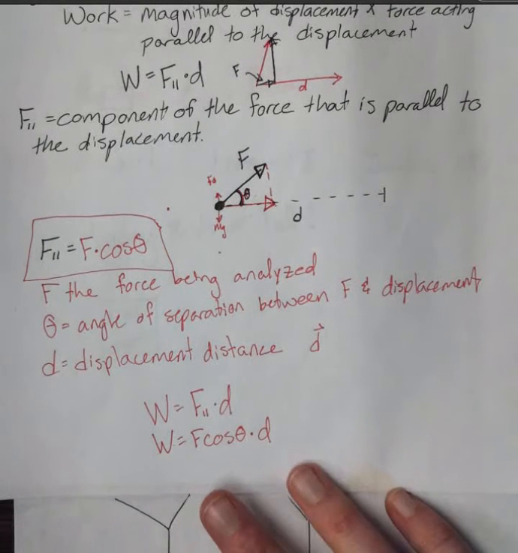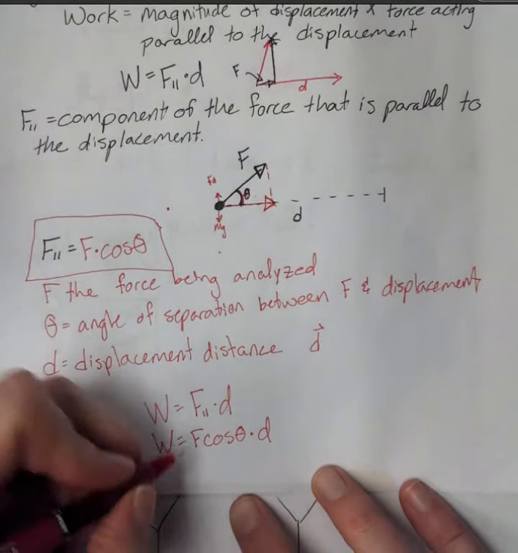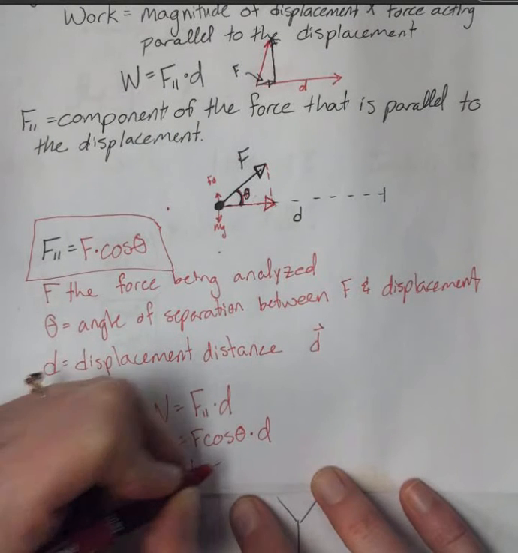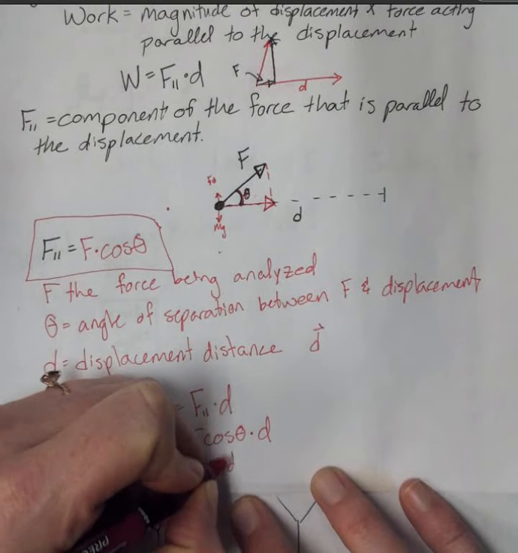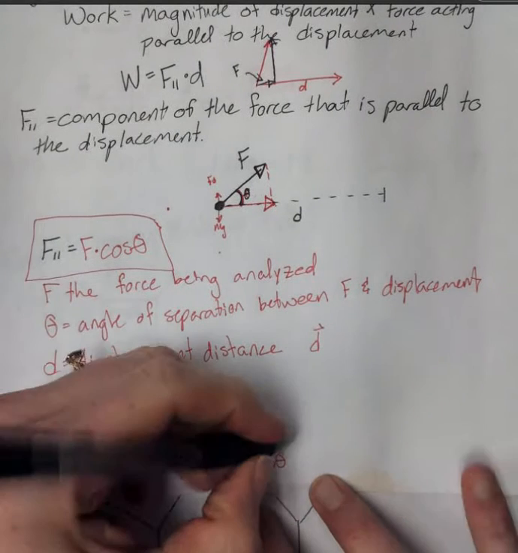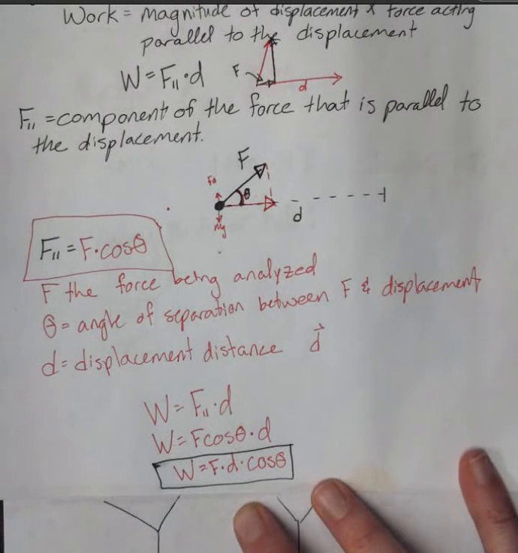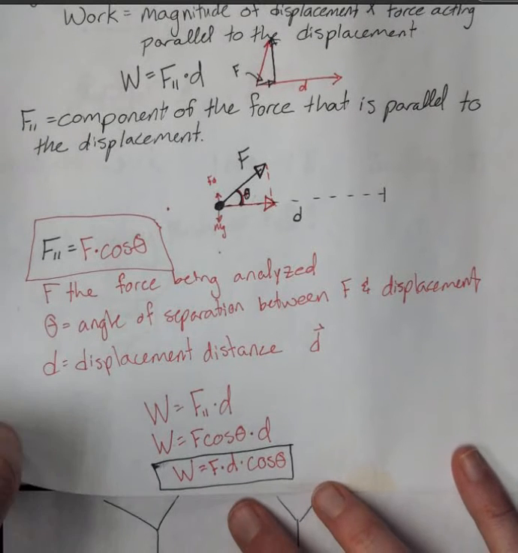It just happens that when you see it, oftentimes it's just rearranged so that work equals force times distance times cosine theta. And that's done as just a convention, because order of operations says you may multiply those in any order and the product will be the same. So there's our work equation.